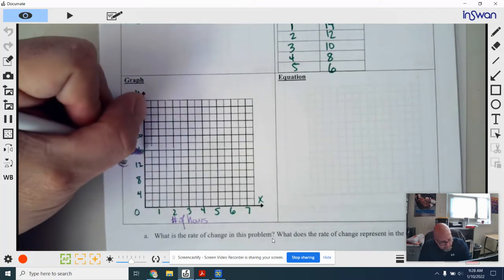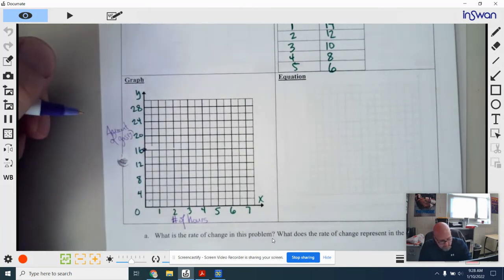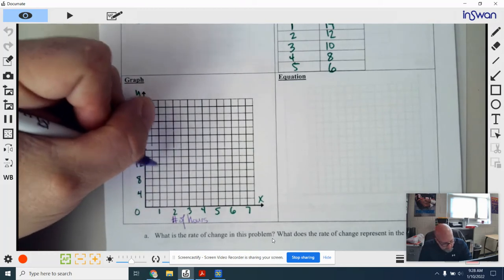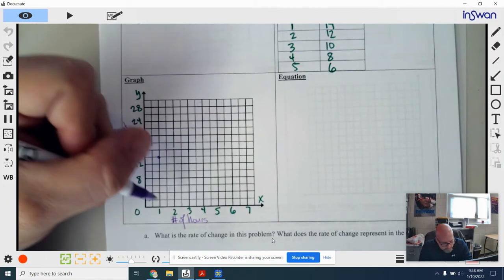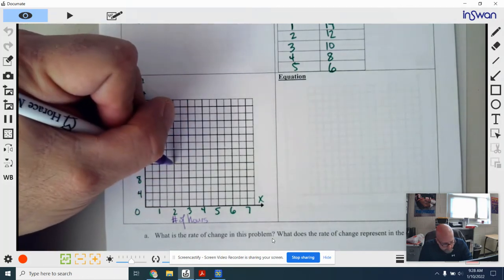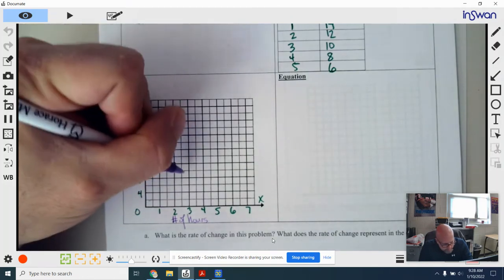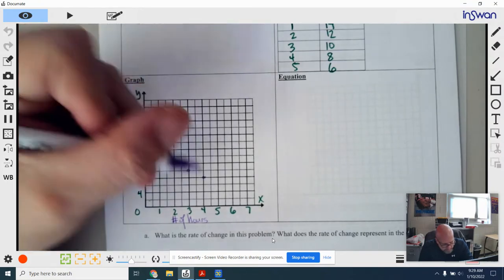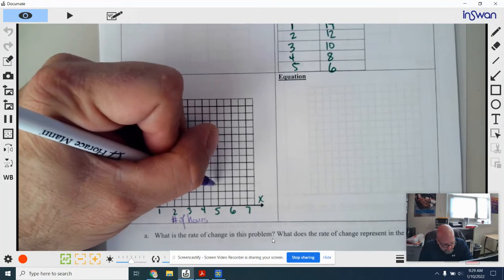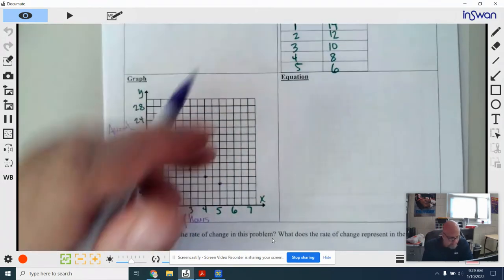So at 0 hours, you're at 16 gallons. At 1 hour, we're going to be at 14. At 2 hours, we're at 12. 3 hours is 10. 4 is 8. 5 is at 6. And that's where our data stops.